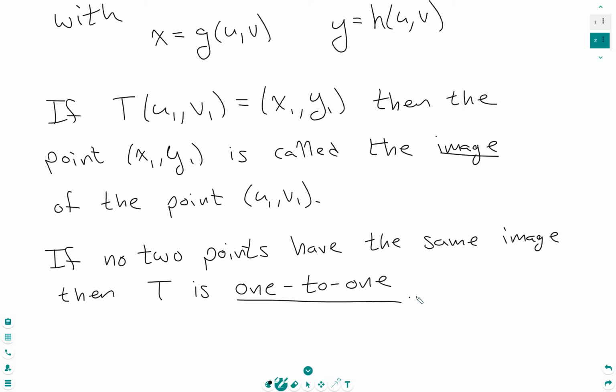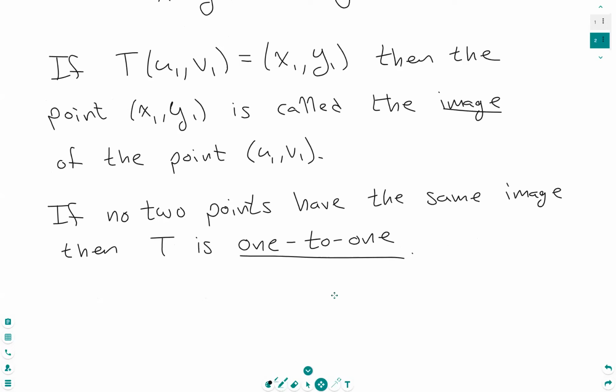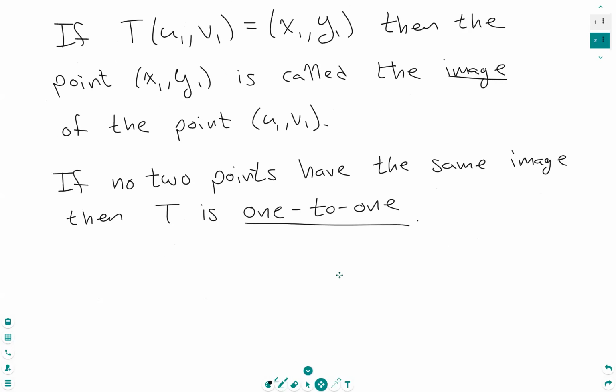Meaning that for every 1 point in UV space, I get 1 point in XY space, and vice versa. So I can't have 2 points in UV space that point to the same point in XY space.